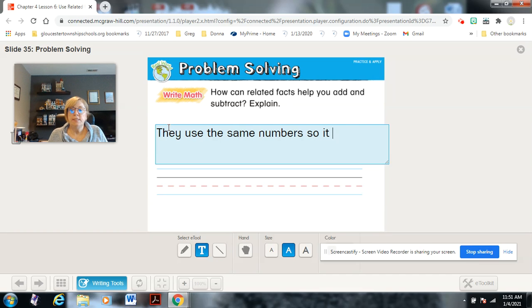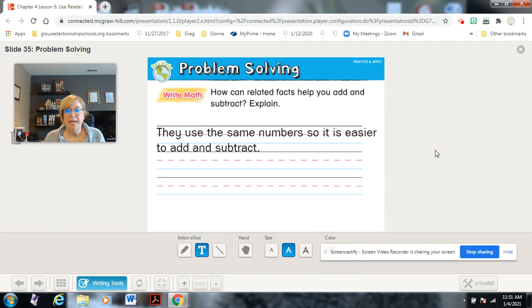So it is easier to add and subtract. That's right. They're related because they use the same numbers. So if you know one, it can help you solve the other.